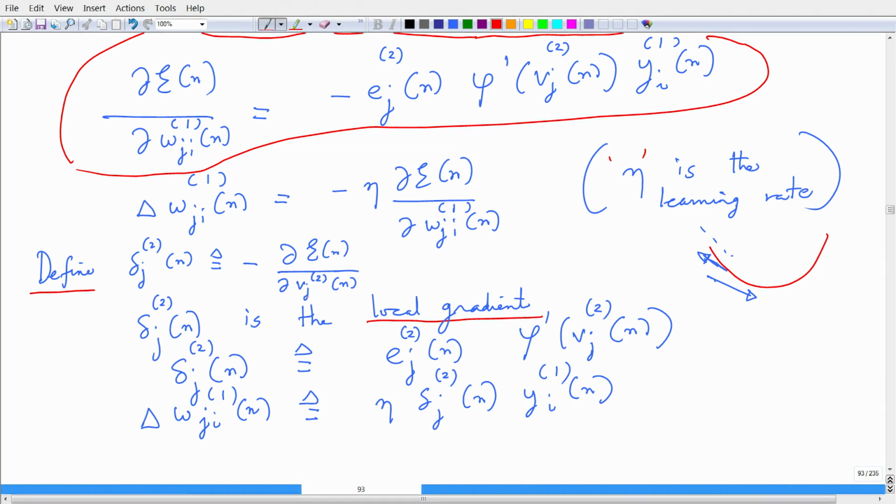This is at node j, and in the superscript I always indicate the layer number, and that you have to bear in mind. It is called a local gradient because in the output layer we can get a handle to the error, because we can compute the functional signal analytically, and we have the corresponding desired response. So, we get our instantaneous error and we have a handle to that error there.